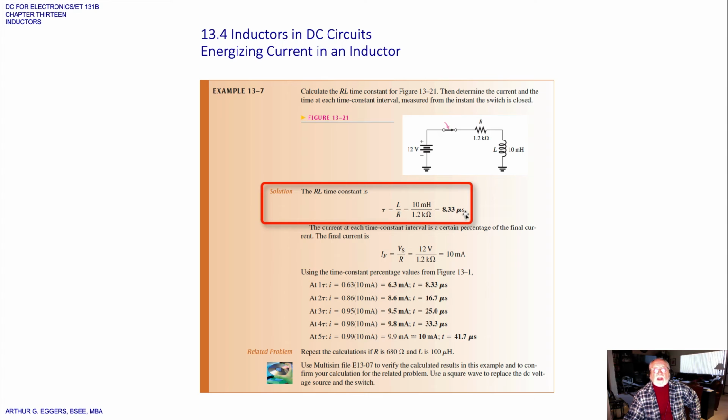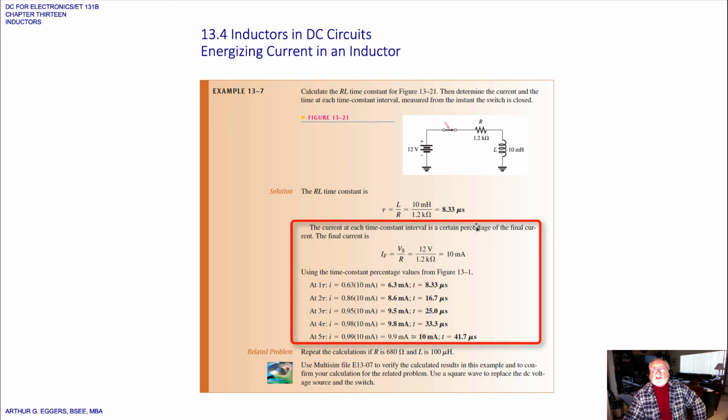8.33 microseconds. The current at each time constant interval is a certain percentage of that. I final is equal to V source divided by R, 12 volts divided by 1.2 kΩ, which gives us a full current of 10 milliamps.